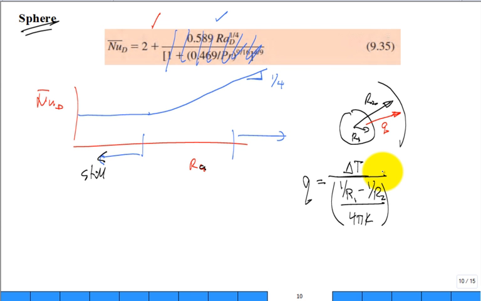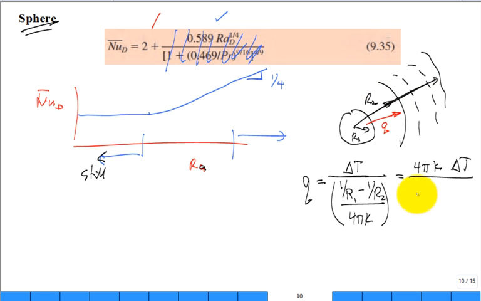Look familiar? Well, let me just rewrite it like this. 4 pi k delta T. And what I'm going to do conceptually is let R2 continue to get larger and larger and larger. And then it just becomes 1 over R1, doesn't it? Because 1 over R2, if R2 gets larger, larger, larger, that's negligible.